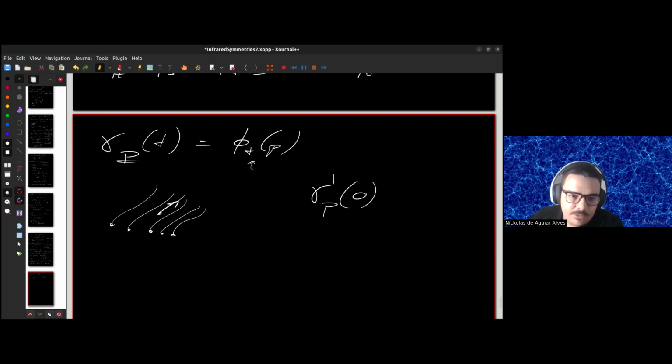So now I have a vector here, I have a vector here, I have a vector here, I have a vector here, and I have a vector at every point in the manifold. And what this means now is that I managed to construct a vector field from my one parameter group of diffeomorphisms. So now I change the diffeomorphisms for a vector field.